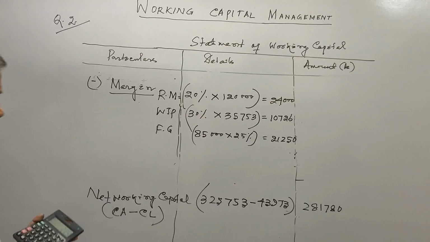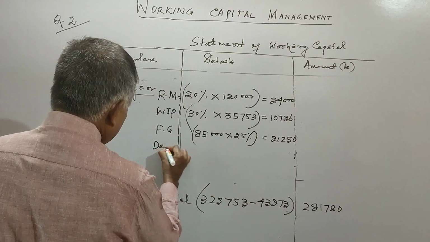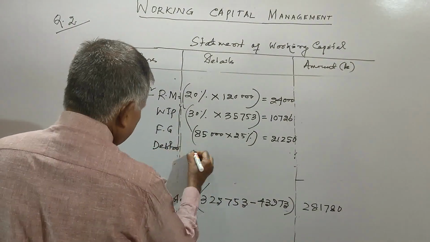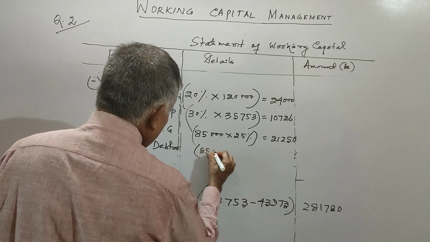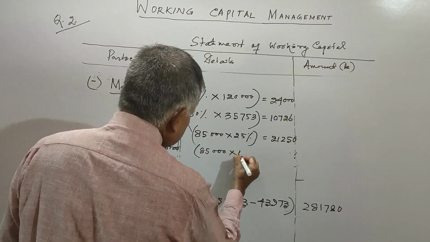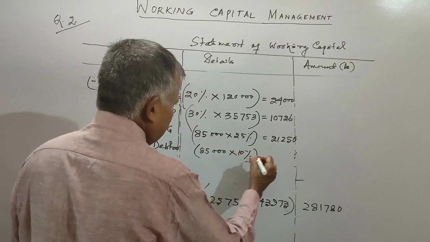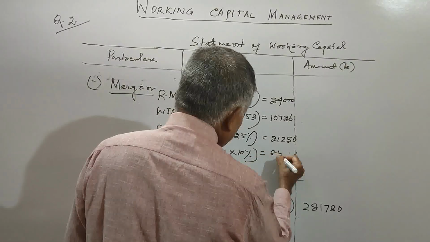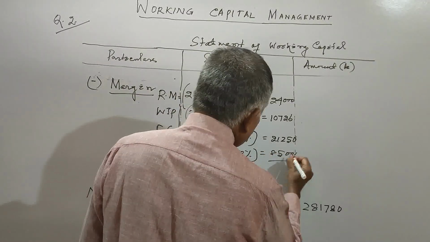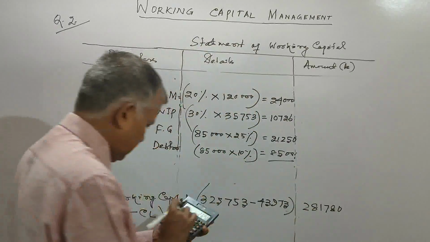Debtor is 10%. Debtor also 85,000, on which 10% is the margin, 8,500. So this is the total margin.